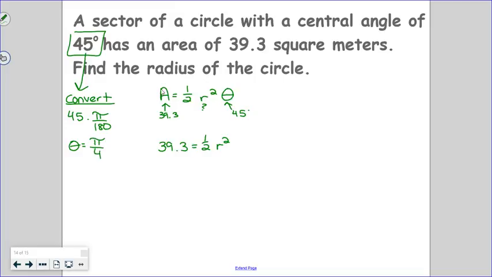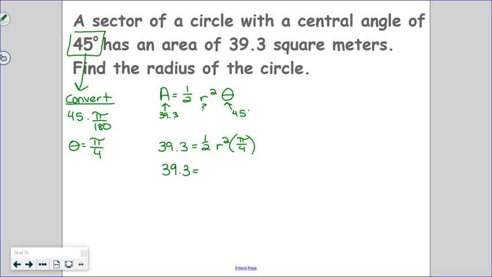Pi over 4. And again, we got to be looking for that. It's going to happen all the time. They're going to tell you the degrees angle. We need to convert because this formula is not set up to convert for us like it was back in geometry.